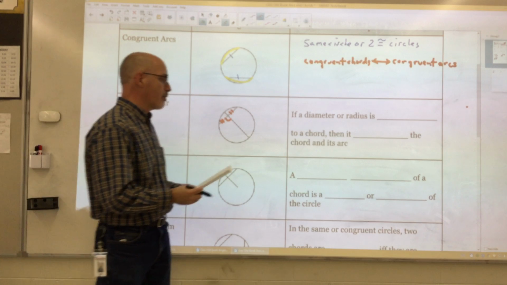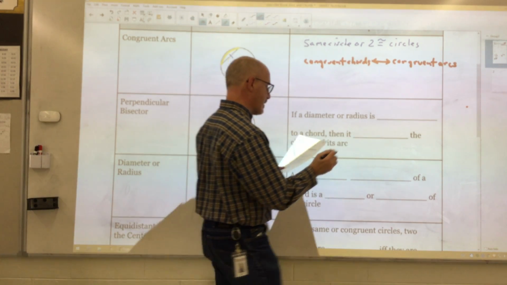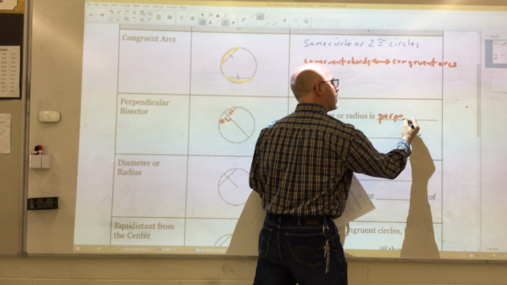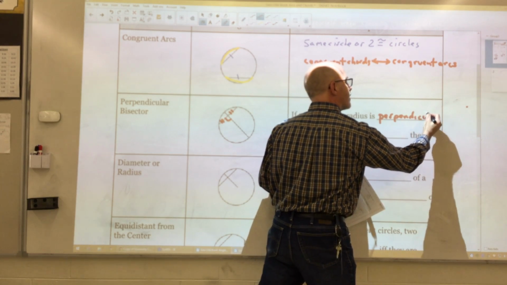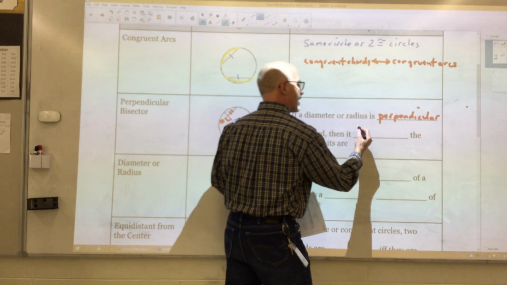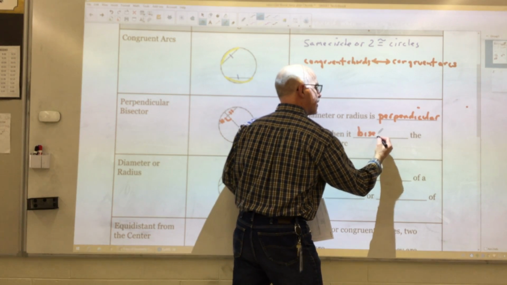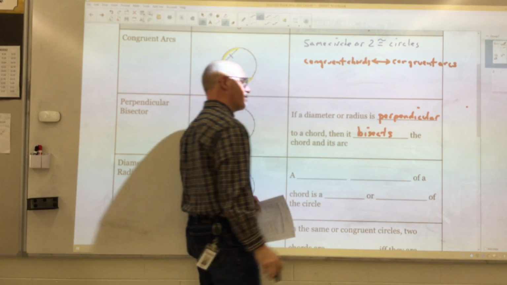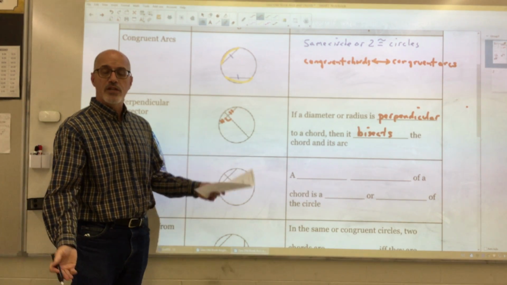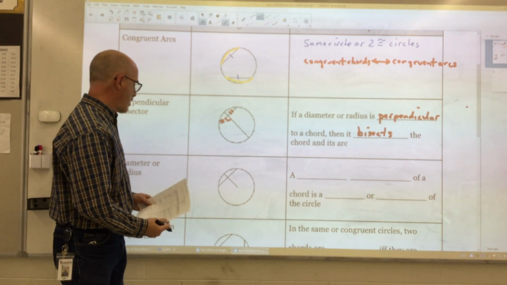So if a diameter or a radius is perpendicular to a chord, then it bisects the chord. That's going to be very helpful in working with it. It also bisects the arc, so we can use either the arc or the chord in this problem.